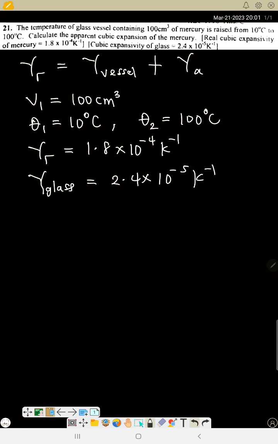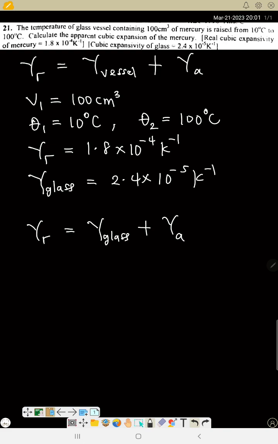Now, from this relation, we can find our apparent expansivity. Real expansivity is equal to expansivity of glass plus apparent expansivity.